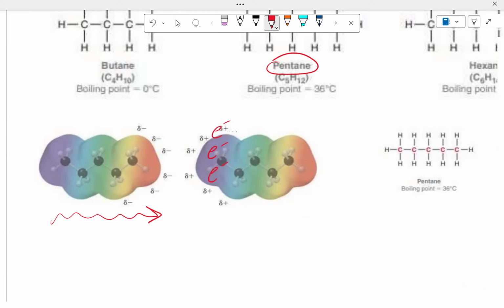So they force their way over to the other side. And that leaves this region over here slightly positive. Well, what is attracted to positive? Negative stuff. So because there's a region of positive, this region of negative over here starts to develop. And you have this temporary interaction as long as those two molecules are close together.